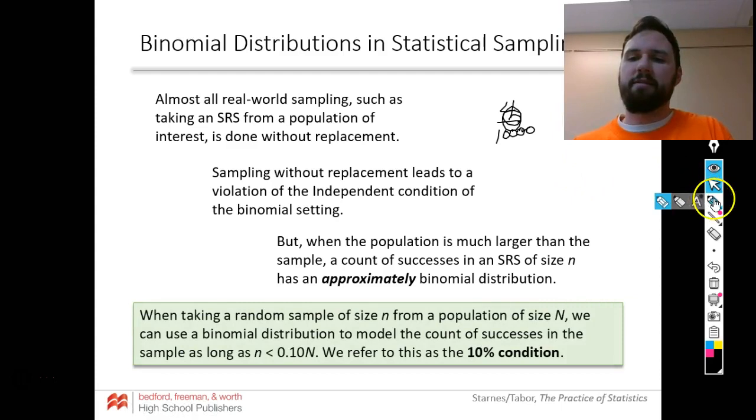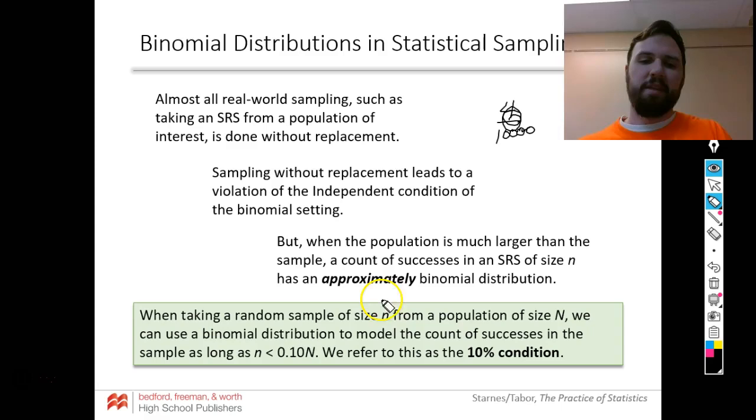How do you check? Right here. If the sample size you're taking is less than 10% of the population, then it can still be binomial. You're not affecting enough. Okay?